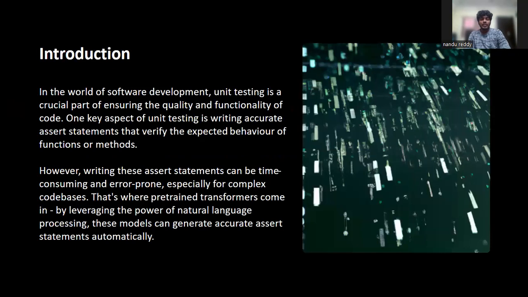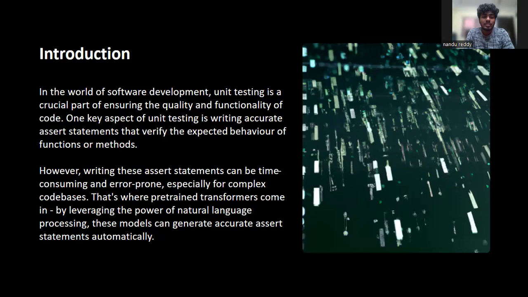Introduction. In the world of software development, unit testing is a crucial part of ensuring the quality and functionality of code. One key aspect of unit testing is writing accurate assert statements that verify the expected behavior of functions or methods.